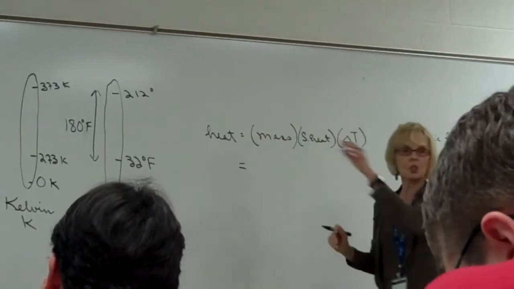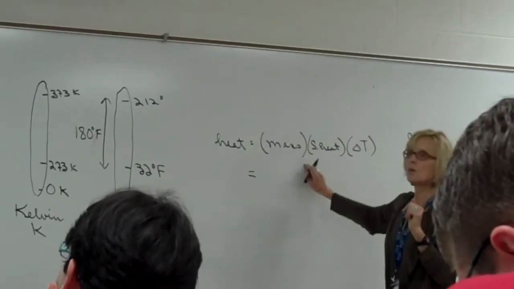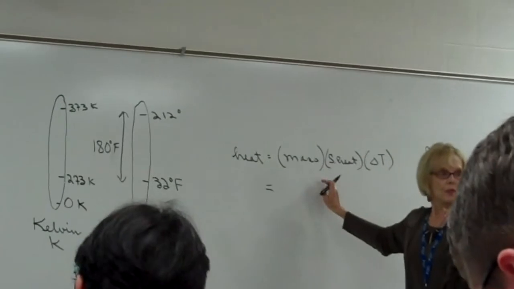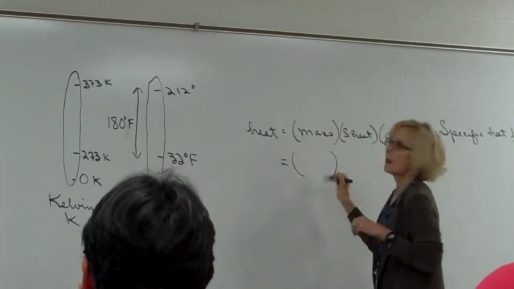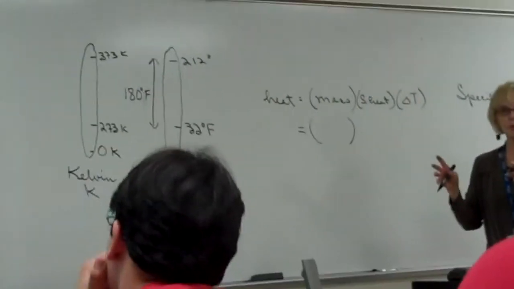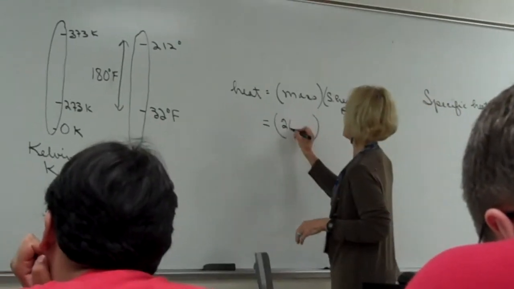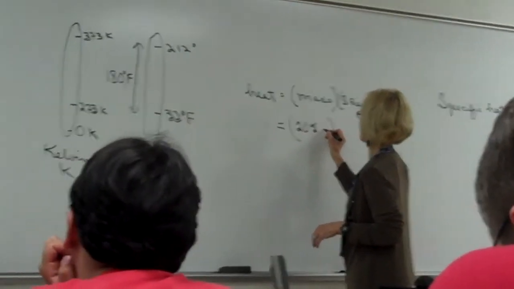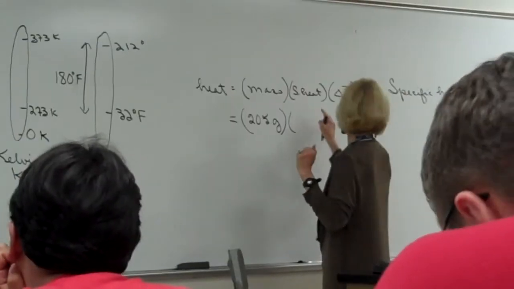So they're asking, how much heat? We're talking heat here, we're not talking temperature. That's the big clue. This is the equation we need. Mass. Take a look up there. The mass that we've got, Marco, what is it? 205. And give me some units. Grams. How many sig figs? 3.